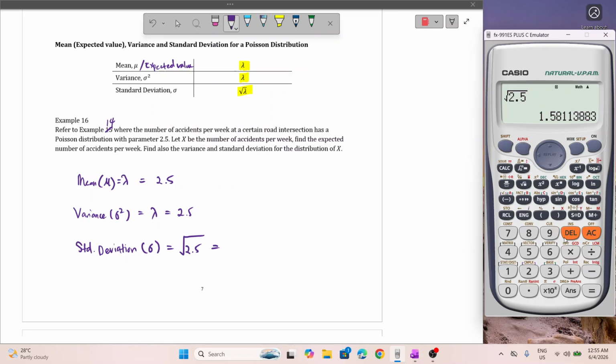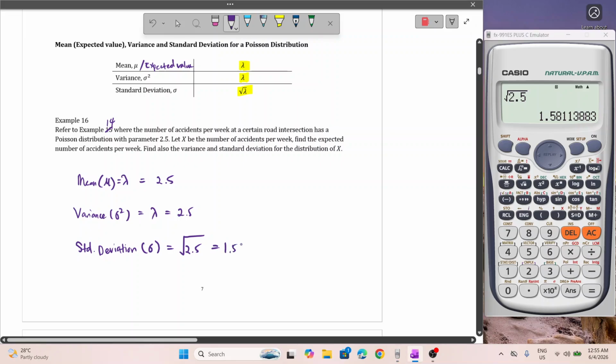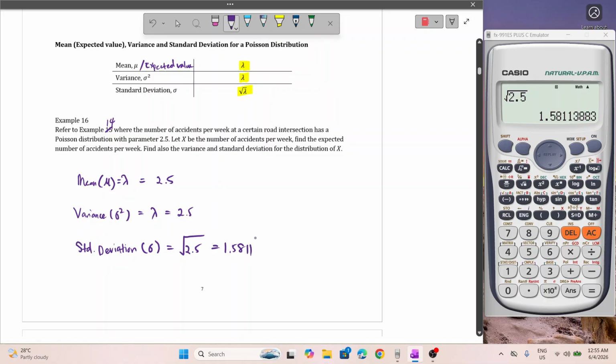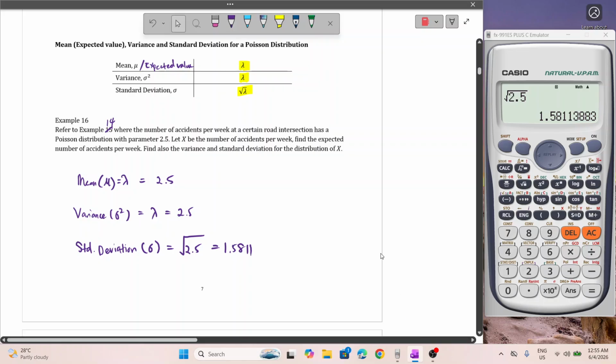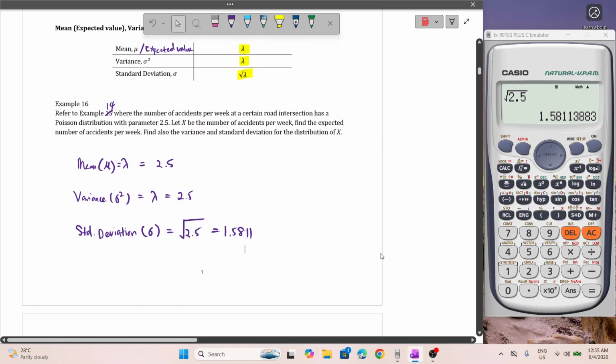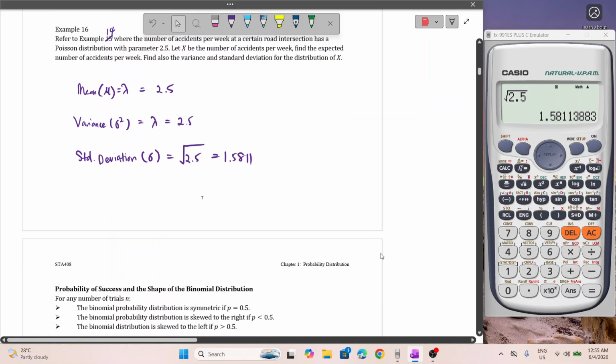This is equal to 1.5811. Okay, those are the answers for example 16.